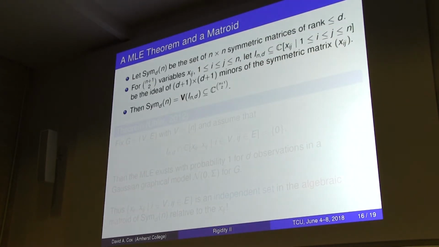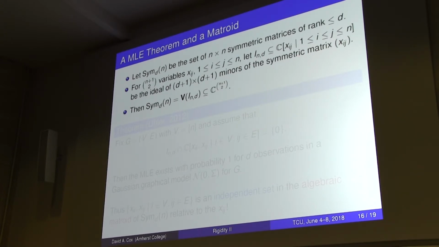So here's a theorem. Again, we have this set of n-by-n symmetric matrices of rank less than or equal to D. And of course, it's a nice variety. Here it's n by n, so basically I need the diagonal and the stuff above the diagonal, and that determines the whole matrix. So I have variables x_ij, but now i can equal j, because this is a general symmetric matrix, so I'll have diagonal entries and stuff above the diagonal.